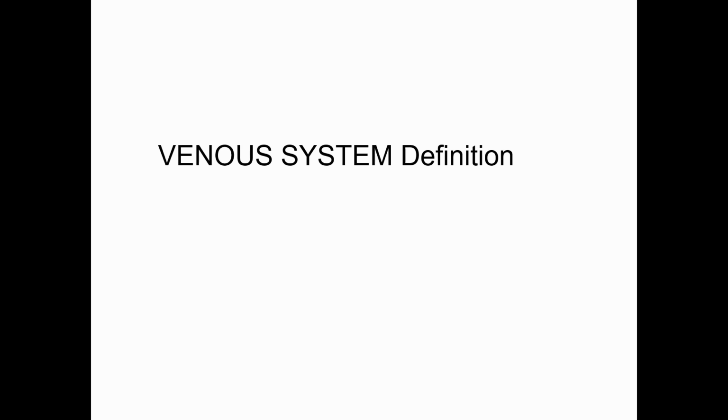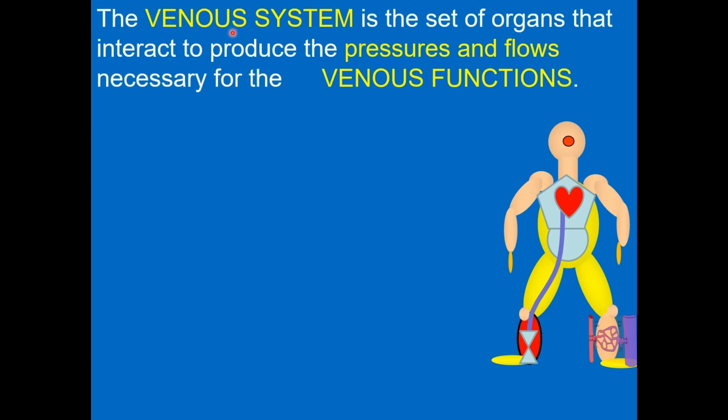Definition of the venous system. The venous system is the set of organs that interact to produce the pressures and flows necessary to the venous function.